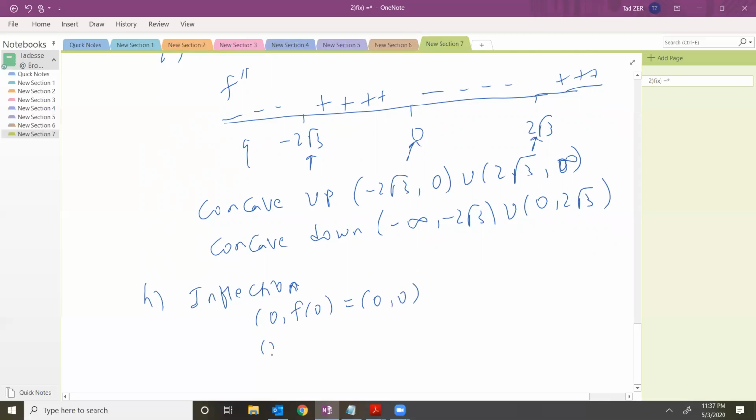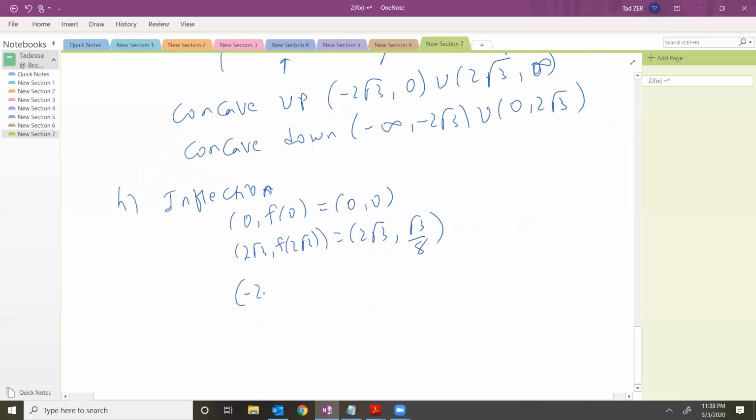The next point is 2√3, f of 2√3, which is √3 over 8. And the third one is -2√3, f of -2√3, which at the negative will be -√3 over 8. So these are the inflection points.